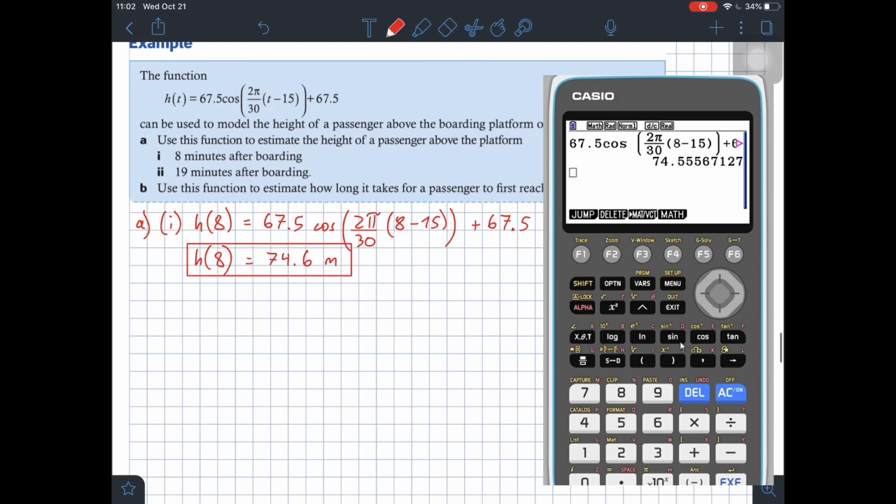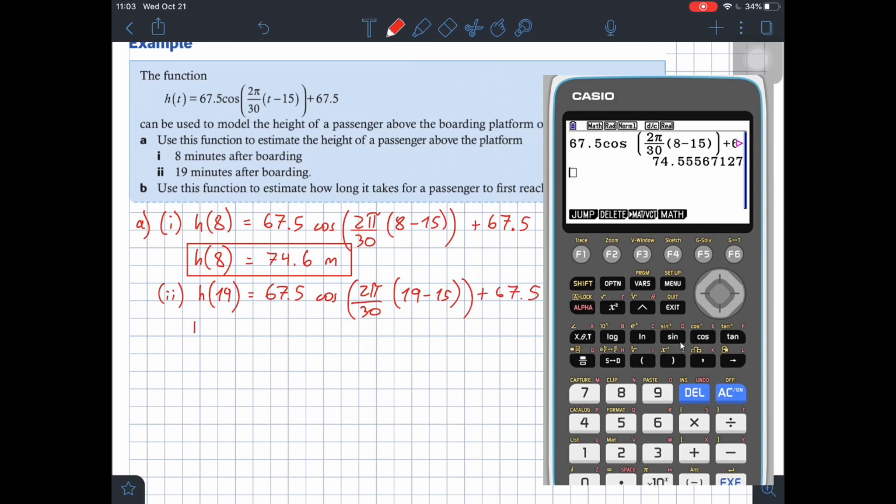Then for the second part of A, it's the same question, but now for 19 minutes. So we're going to do the same thing, h of 19 in this case. So we copy exactly the same thing, 67.5 times cosine of 2 pi over 30 times 19 minus 15 plus 67.5.